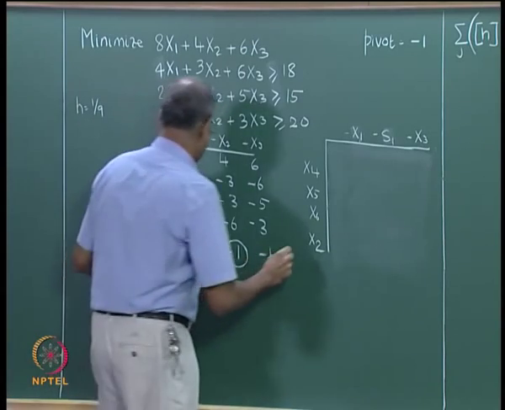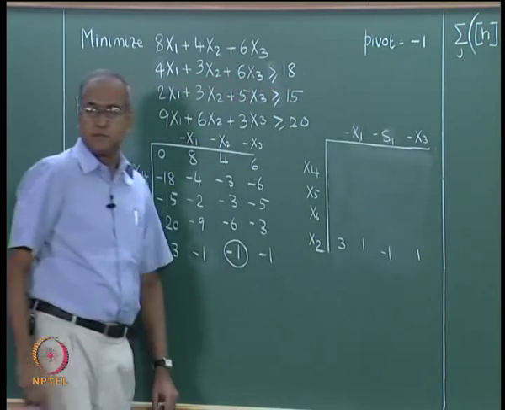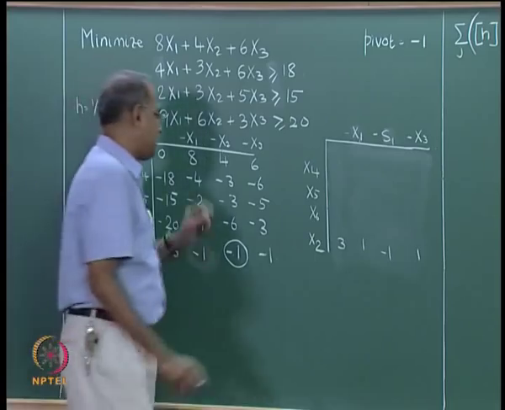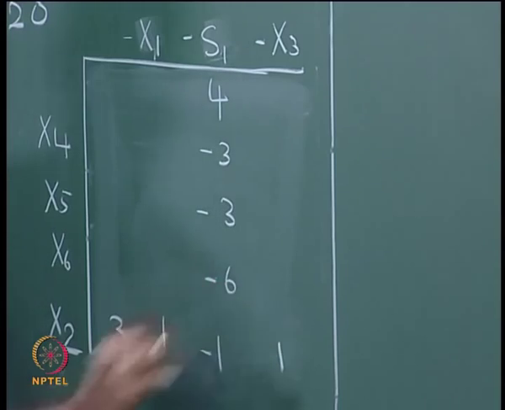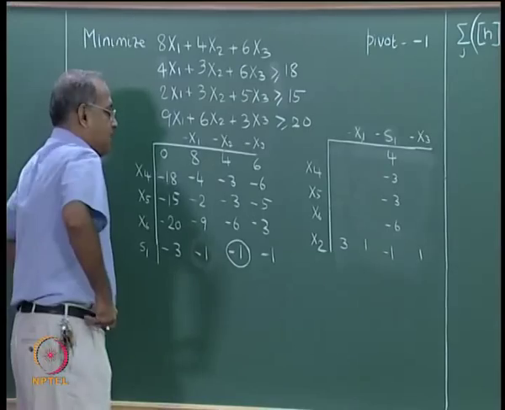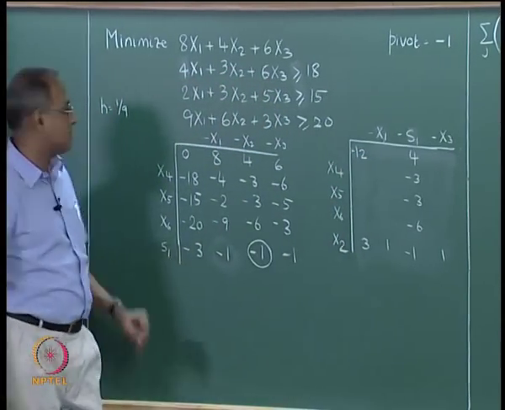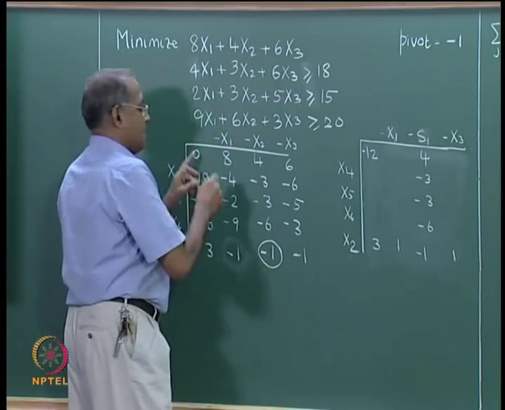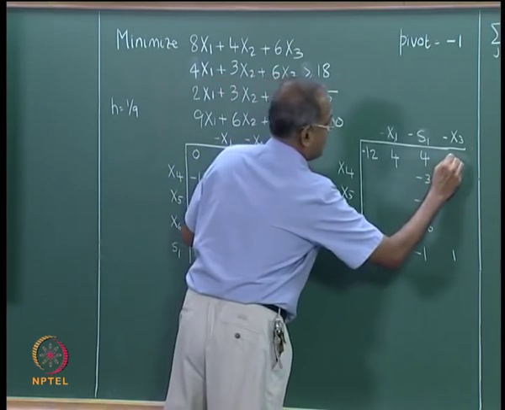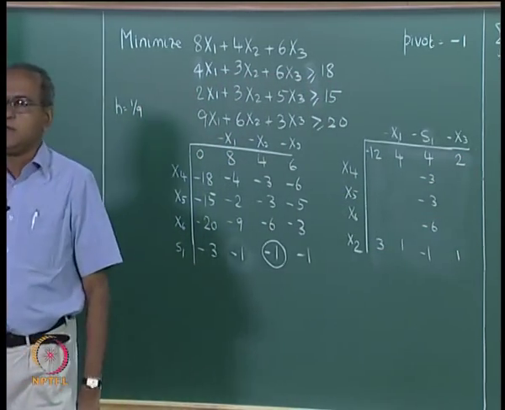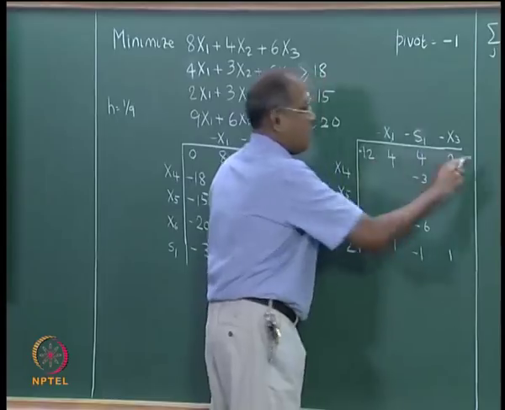Now once again this will become minus 1, 3 plus 1 plus 1, divide by the negative of the pivot. So, you get 4, minus 3, minus 3, minus 6. Now, this will become 0 minus 4 into 3, minus 12, and we can fill this. This will become 8 minus 4 into 1, 4, and this will become 6 minus 4 into 1, 2. So, when I pivot on this, I realize that the dual feasibility of this row is maintained.